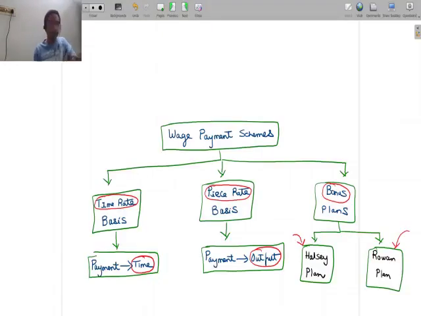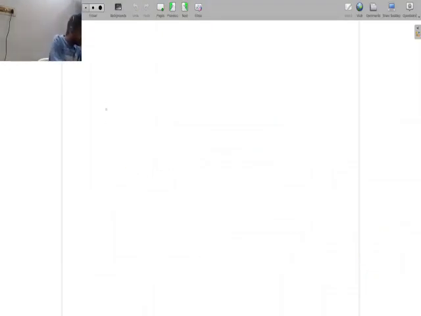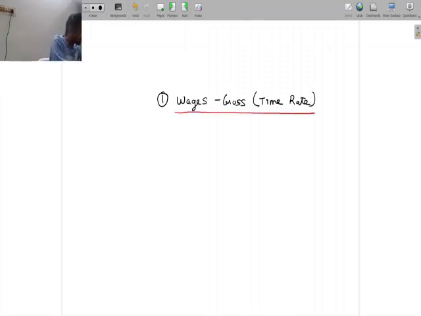So let's do that. The first thing here is gross wages, and specifically let's look at the time rate system here. It's absolutely very simple for us to calculate.